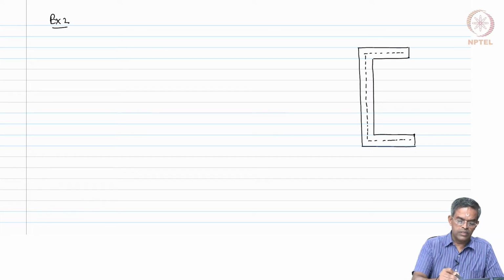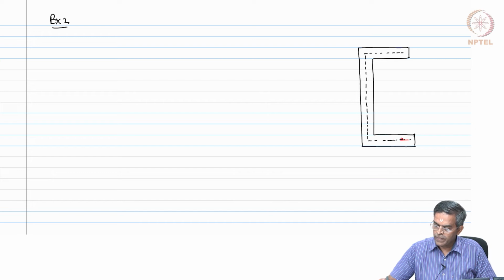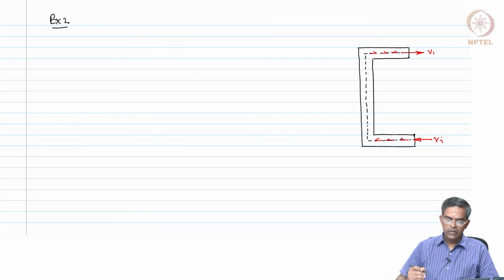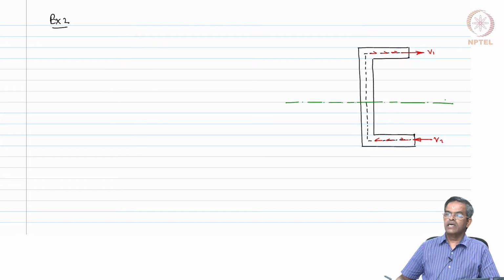We know the shear flow, this is going to be, so this is I call V1, I call this V2, and we also know that this section has an axis of symmetry. So, the shear center will lie on this axis, let us say somewhere here.